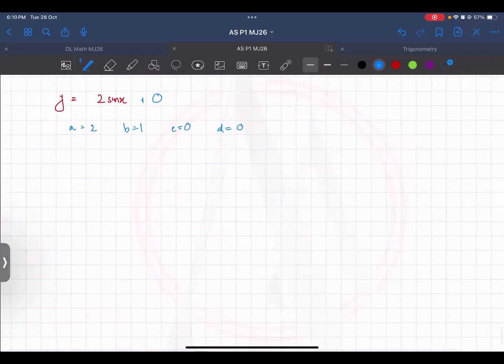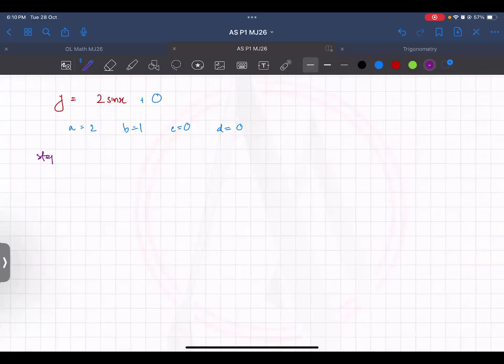Now, what do you do? Step number 1: draw the principal axis. Principal axis will be y is equals to D, which in this case right now is y is equals to 0. So this means y is equals to 0 is what? That is the x-axis.